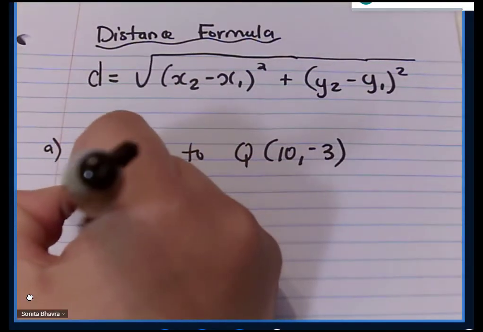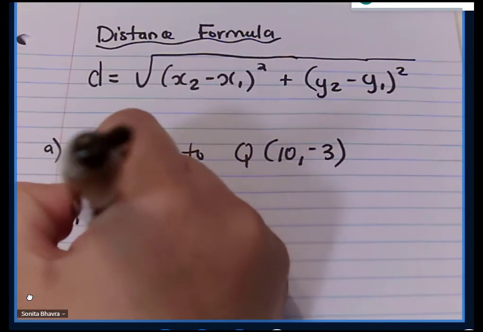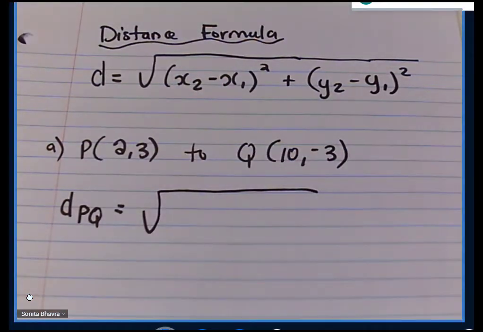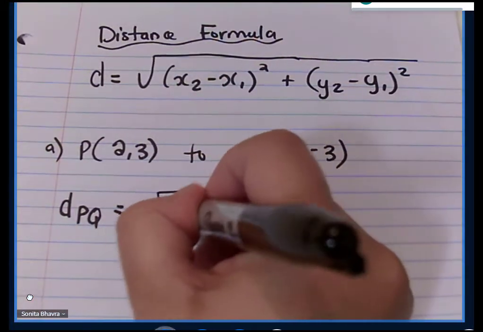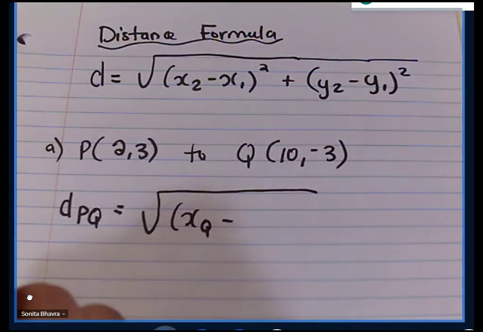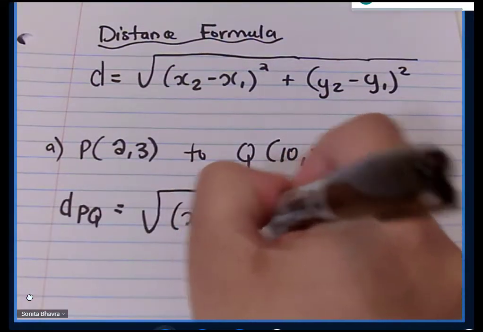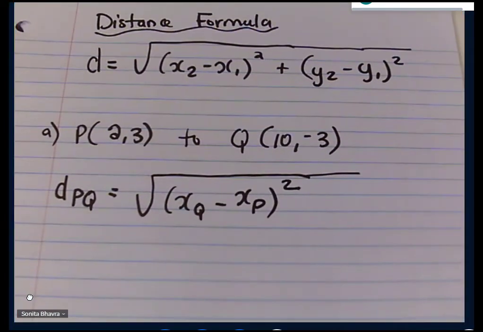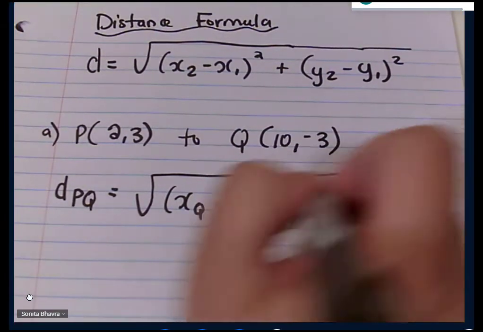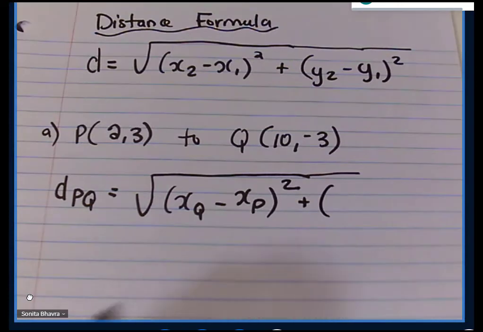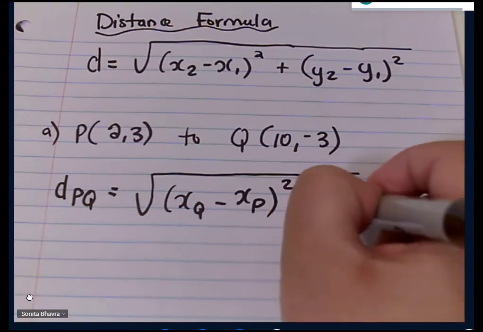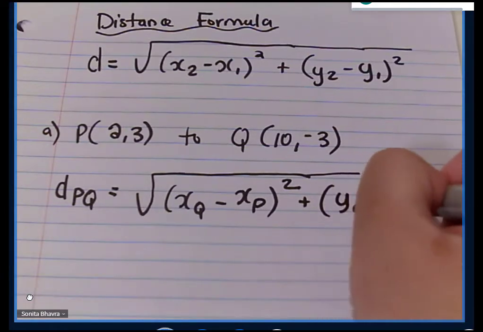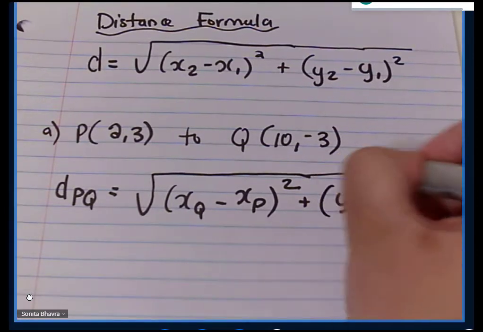So the distance of PQ is going to be the square root of (x of Q minus x of P) squared plus (y of Q minus y of P) squared.